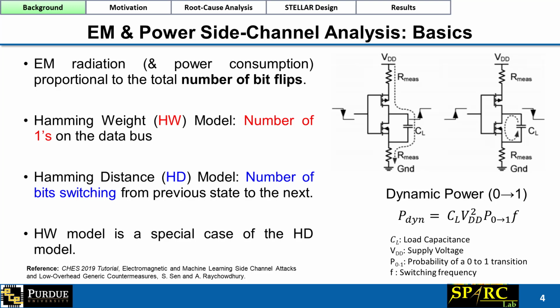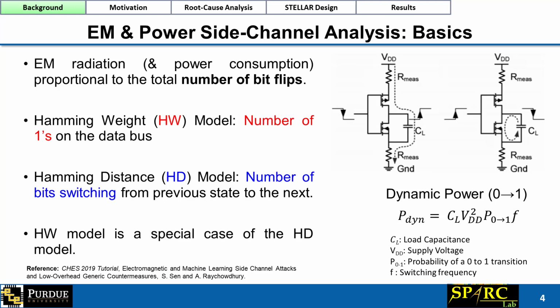The Hamming weight model counts the number of ones on the data bus for a particular operation, whereas the Hamming distance model is the number of bits changing from previous state to the present state on that data bus. The Hamming weight model is equivalent to the Hamming distance model only if the data registers are reset after each operation.